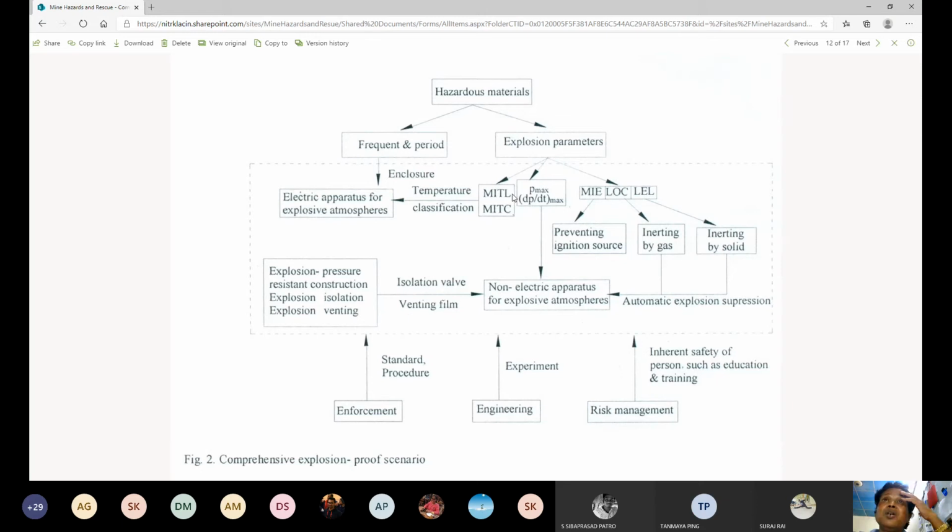C is the dust cloud, L is the dust layer. So these are the explosion parameters.